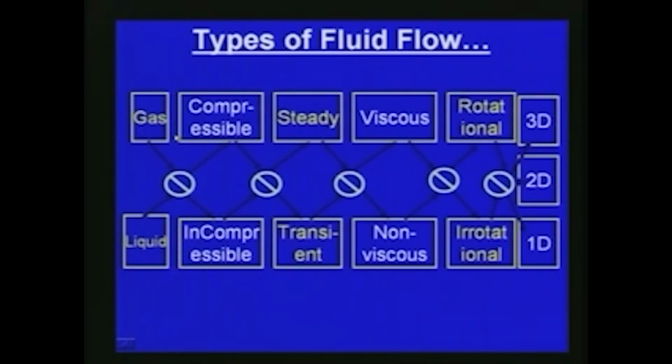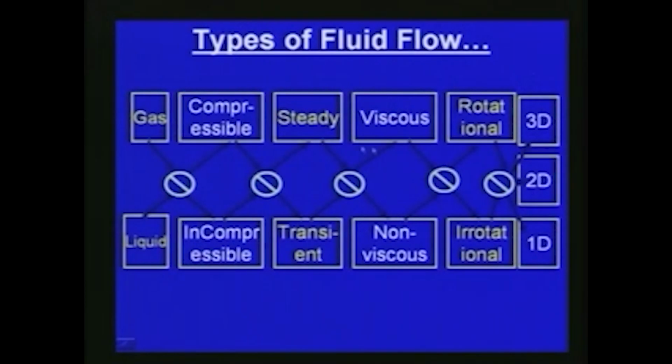We have seen that fluid flow can be classified as gas or liquid, then with respect to the dilational characteristics, whether the fluid flow is compressible or incompressible, or with respect to temporal variations, whether it is transient or steady state, and with respect to the viscous effect, whether viscosity is considered or the fluid is inviscid. Then there is also rotational or irrotational flow, where especially in turbulent flow the rotational effect is very important, and the dimensions, whether one, two or three dimensions.